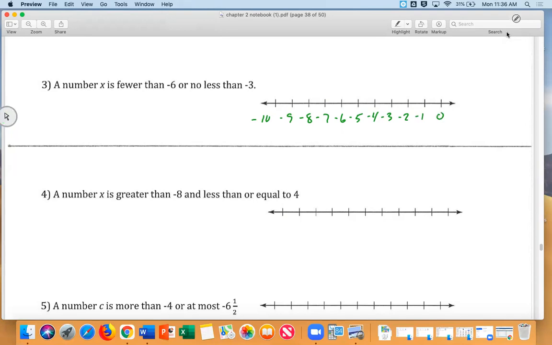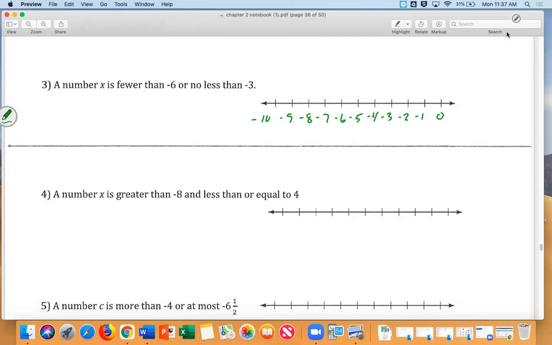You with me, Mike? Yes, sir. All right. So we have this number line. It says a number x is fewer than -6. So which direction is fewer, left or right? Annie, what do you think?